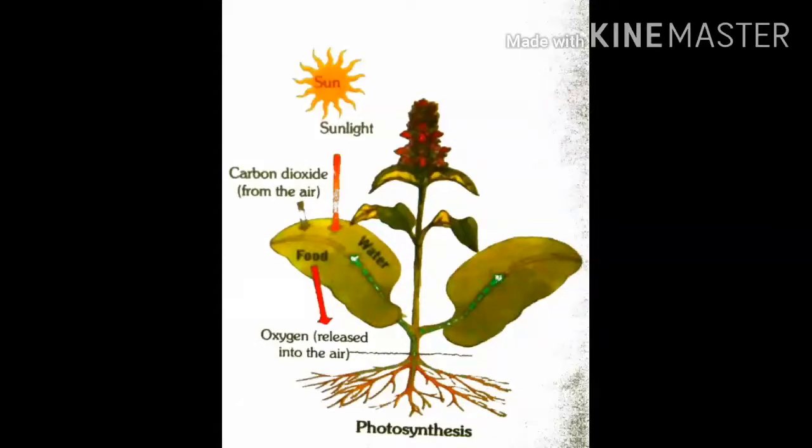We already studied photosynthesis in our previous year. Leaves have a green pigment called chlorophyll. That chlorophyll traps the energy of sunlight.